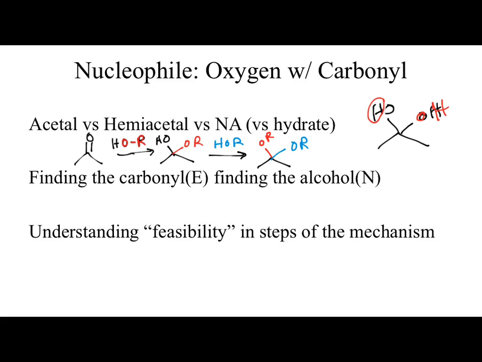You need to be able to find the carbonyl, or your electrophile, within an individual structure. You need to be able to identify what the alcohol was within that structure too, or your nucleophile. So it's a question of going back and looking at whatever structure you've got, and since we've got them here, let's go ahead and do it. We want to mark and identify the bonds that were formed in this reaction.